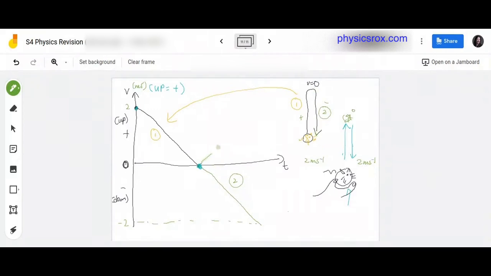But why don't we put it this way? Because it's the opposite direction. So it's actually zero to negative two. That's why it drops straight down this way. Does that make more sense?